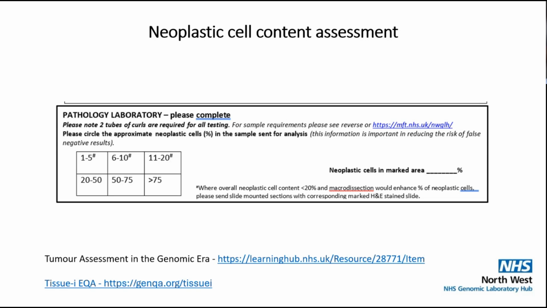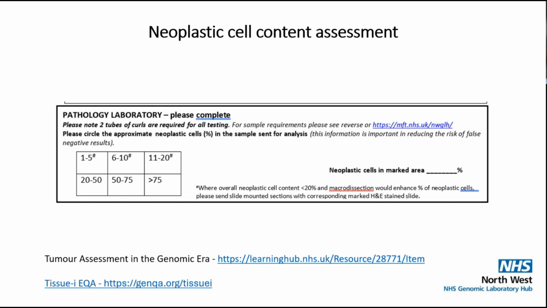These categories have recently been added to our new forms, and they've been added because they correspond, partly because they correspond to the tissue IEQA GenQA scheme, which is now running for neoplastic cell content assessment. But they also have a use in the lab.